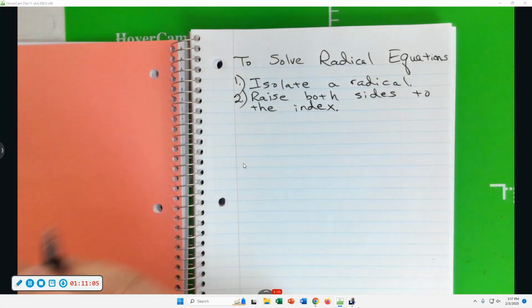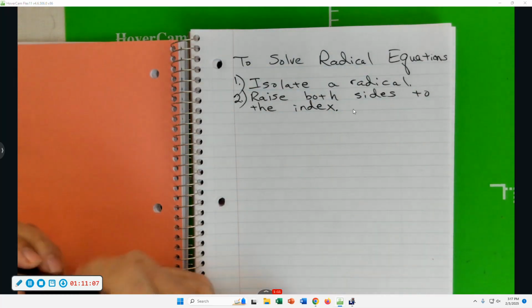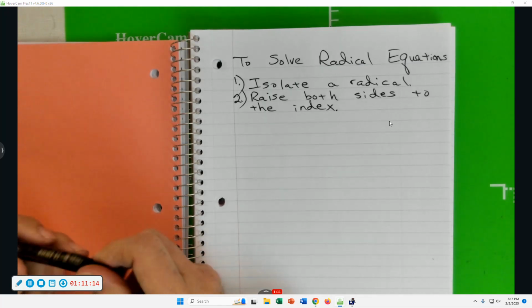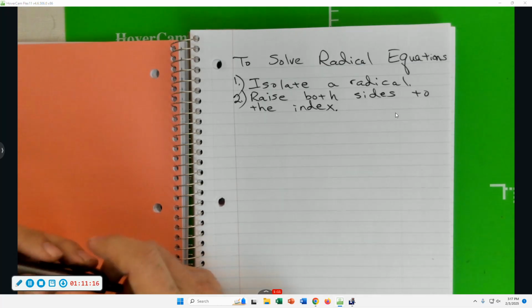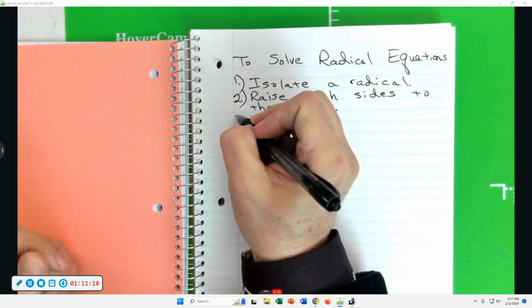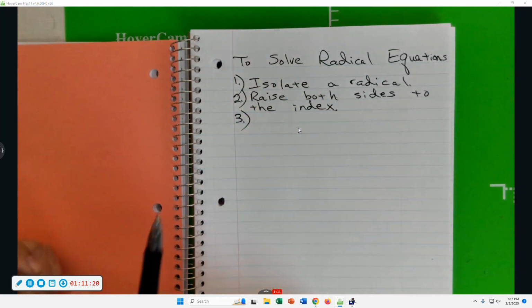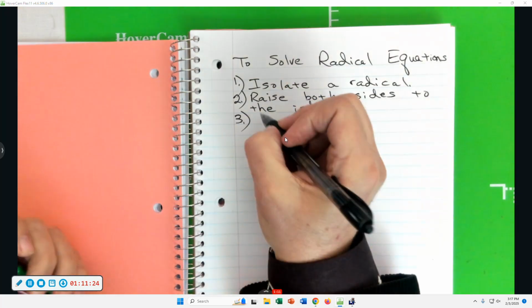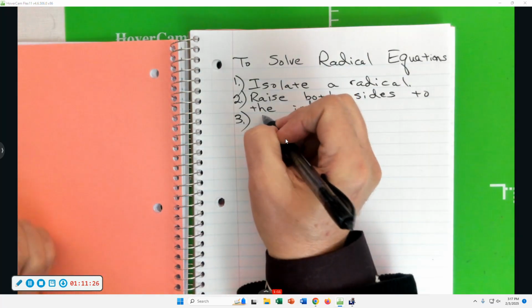I think that's the shortest way of saying it. If it's a square root, you raise both sides to the second power. If it's a cube root, raise both sides to the third power, and so forth. If you do this correctly, no radicals should remain. I'll say simplify.